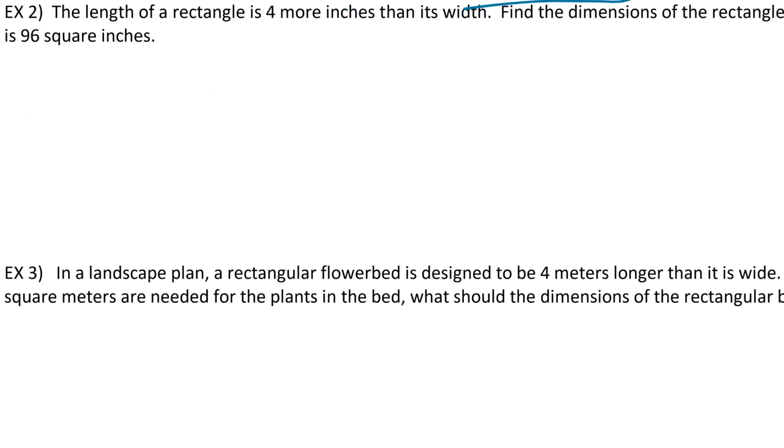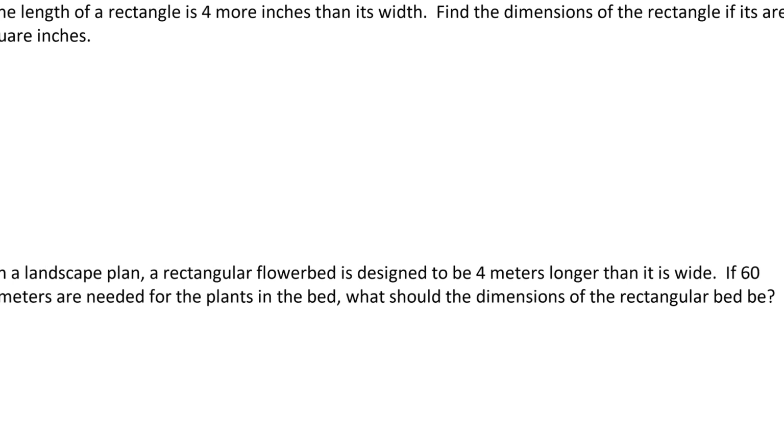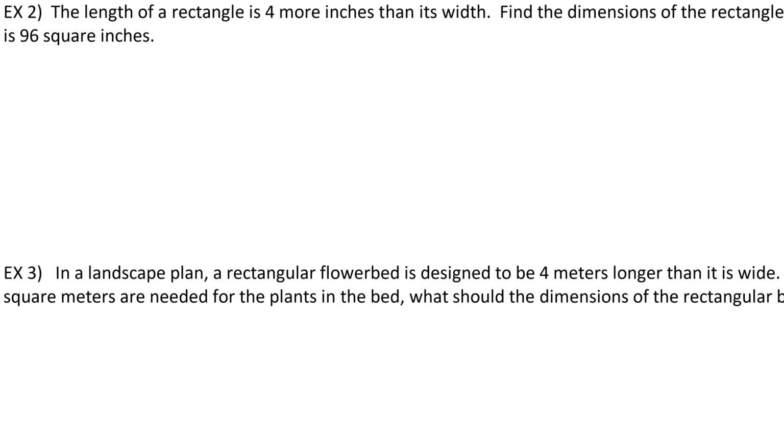All right, so for the second one. For the second one, the length of a rectangle is 4 more inches than its width. Find the dimensions of the rectangle if its area is 96 square inches. All right, so again, we're going to start off by drawing this rectangle.